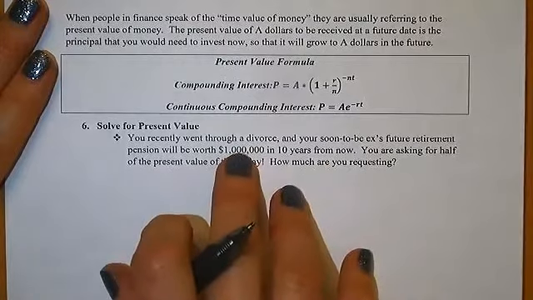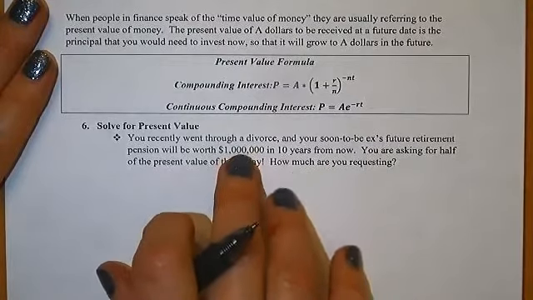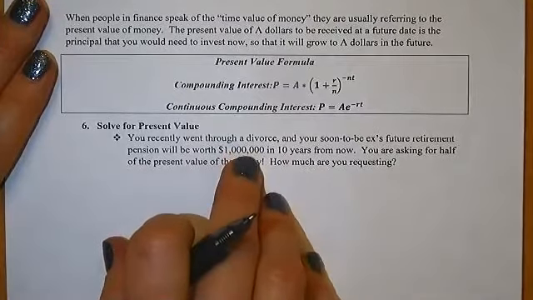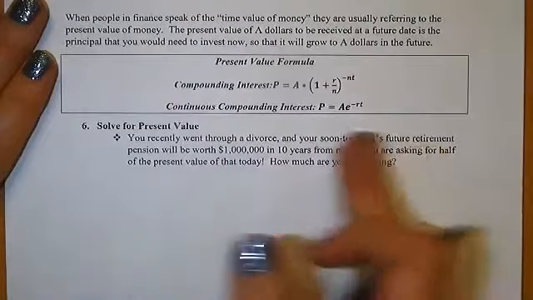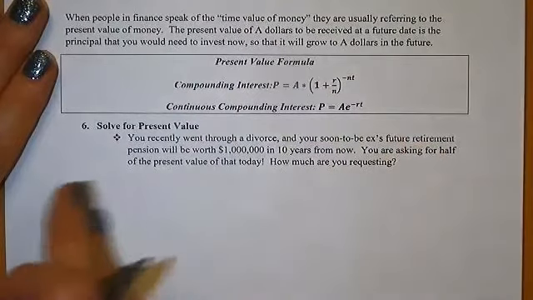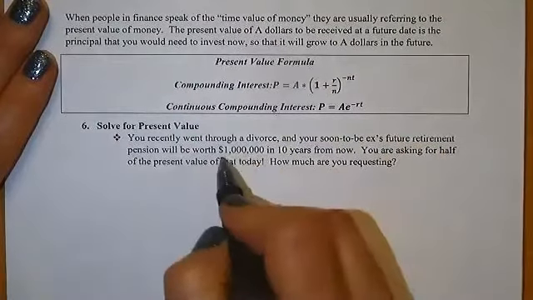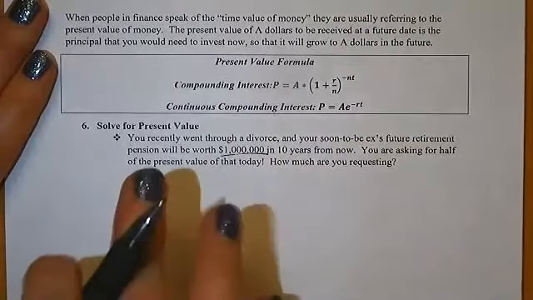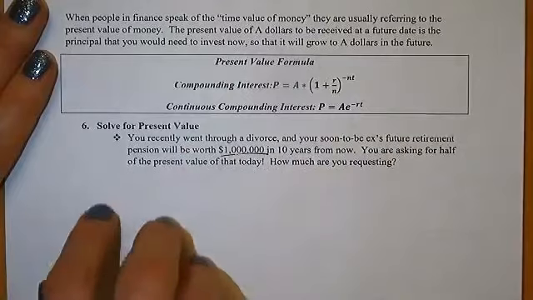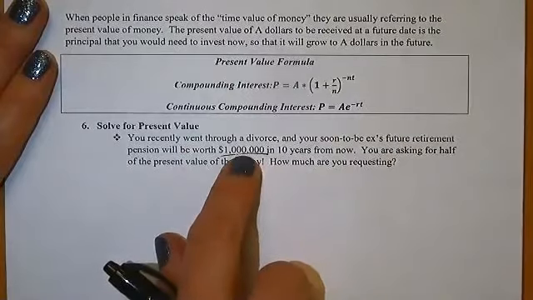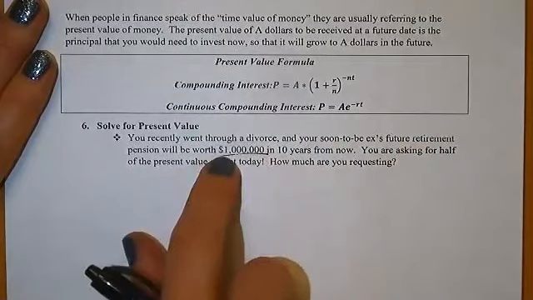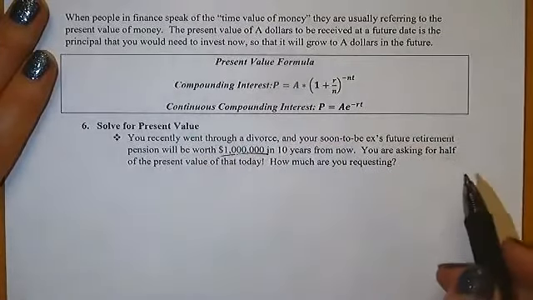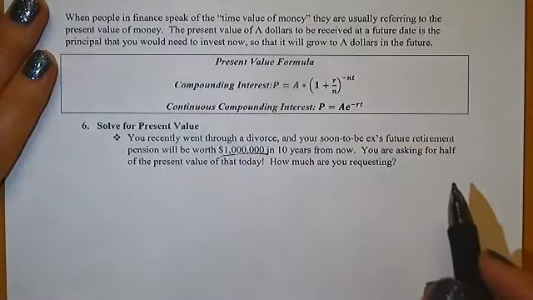You're going to get half right now of what the value of that $1 million would be right now. So we have to bring that $1 million from the future back into today's value. What would this $1 million be worth today? In other words, how much money would you need to put into an account right now, so that in 10 years you'd have this money in the future? So we have to figure out the present value of that money.